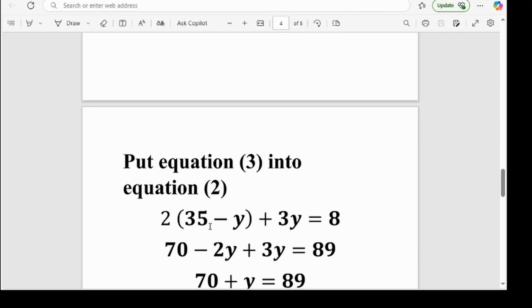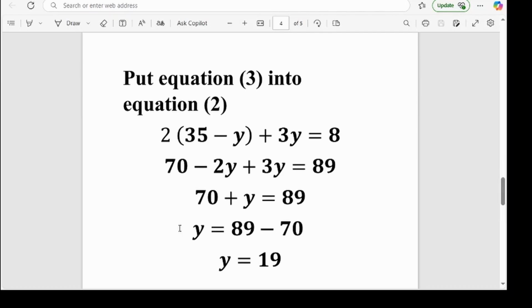So wherever we see x, we will have to replace that with 35 minus y, because 35 minus y is x. So 2x plus 3y equals 89 is giving us 2 multiplying, in bracket, 35 minus y, plus 3y equals 89, right?